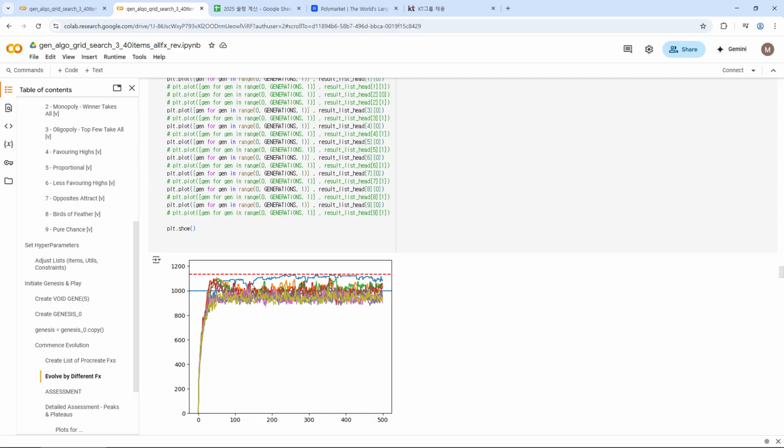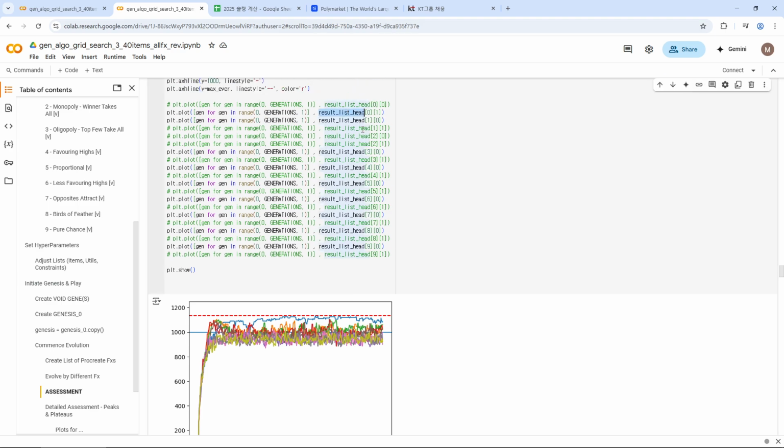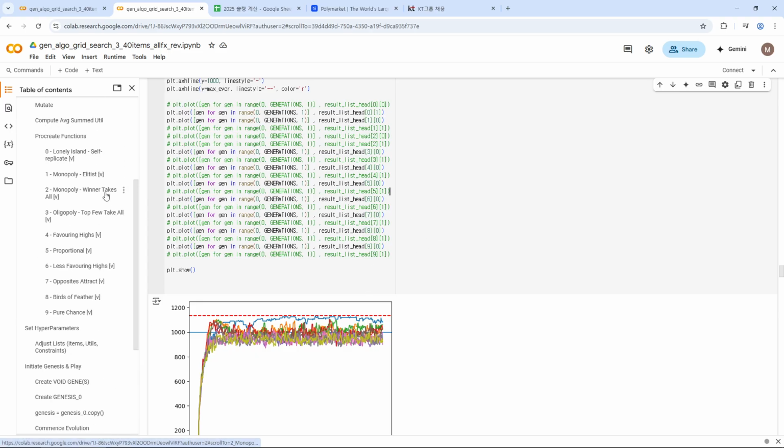There's a dip, but then again, this is the result for the heads, so it doesn't represent much about the characteristics of each procreate function, or the results that come from these different procreate functions.